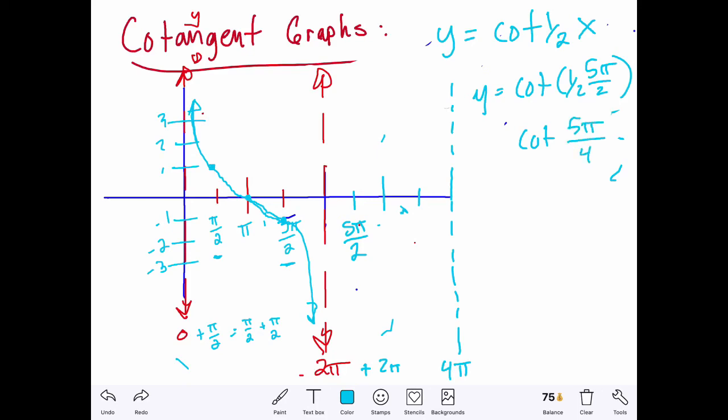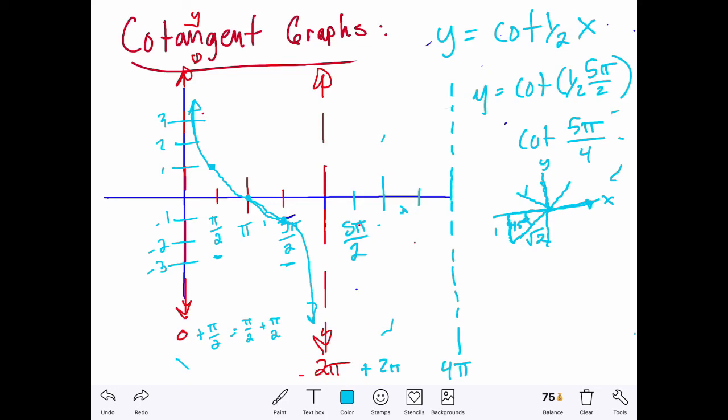Well, 5 pi fourths on the unit circle, if I were to draw it: 1 pi fourth, 2 pi fourths, 3 pi fourths, 4 pi fourths, 5 pi fourths. Okay, and remember this was my initial side I started with there, the x-axis, right? So this 5 pi fourths is really a 45 here in the third quadrant. So again, you can use the root 2 over 2 for each side if you want to put it on the unit circle, or you can go back to the 1, 1, root 2 thing and construct it from there.